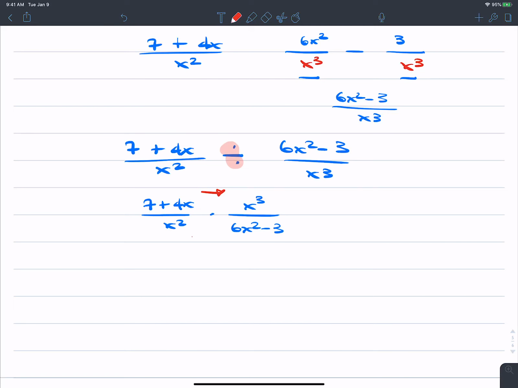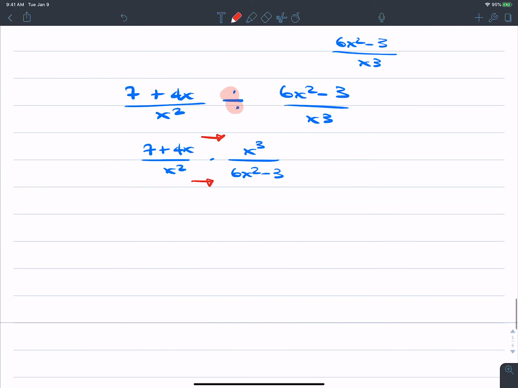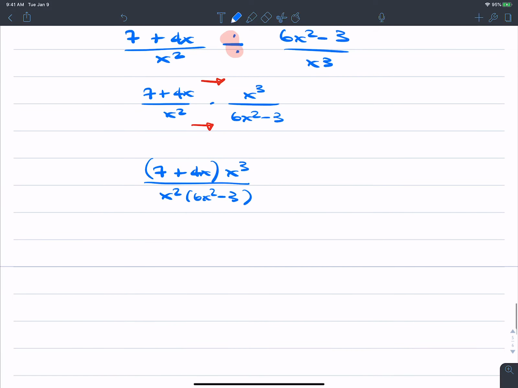You're going to multiply across. We get 7 plus 4x times x cubed over x squared times 6x squared minus 3. And now you simplify here. The only place you can simplify is with these, x squared and x to the third.